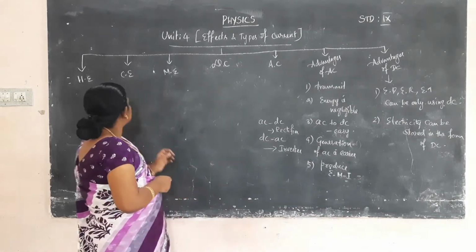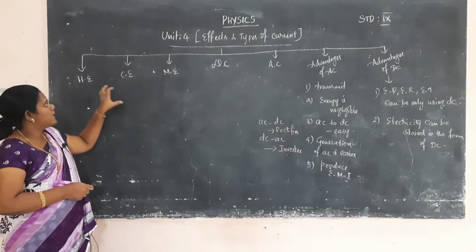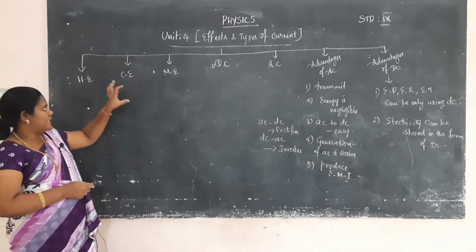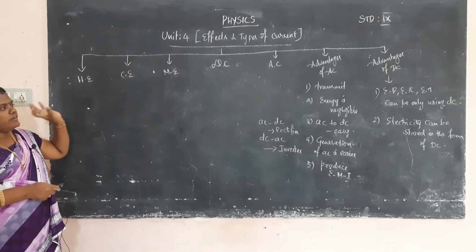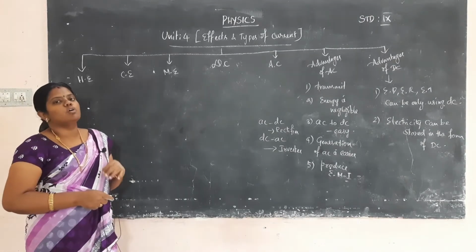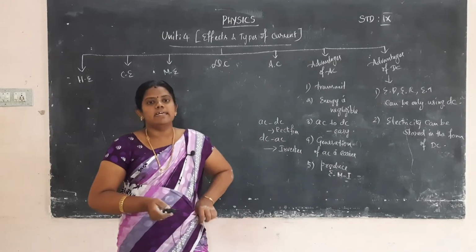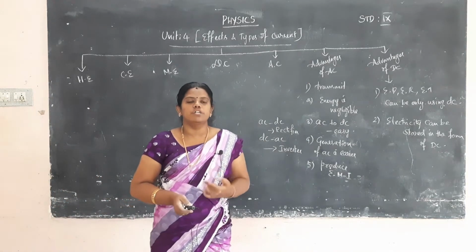So, first, the heating effect of current. There are three effects: heating effect, chemical effect and magnetic effect. First, heating effect. Heating effect means when we apply current to any electrical appliance, the electrical energy is converted into heat energy.